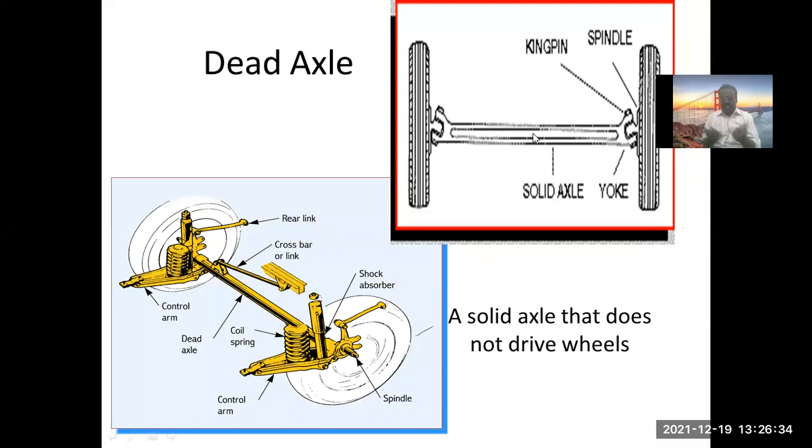The power is getting transmitted through the axles, and therefore we say the axles are live. They are rotating, they are transmitting the torque to the wheels. So we have a dead axle and a live axle. Here we are talking of a dead axle. Here there will be some bearing, and the bearing will allow it to rotate freely, but the axle is not rotating on its own, and it is not transmitting any power.